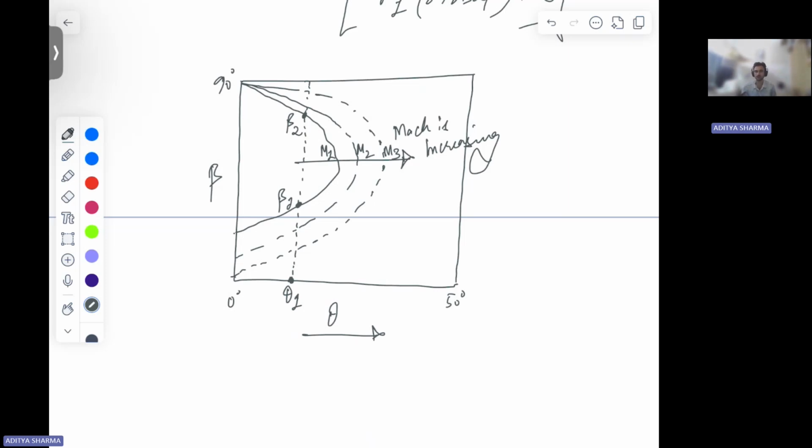These two solutions correspond to two different oblique shock waves, right? This one is weaker, this one is stronger. From the graph we can tell this.